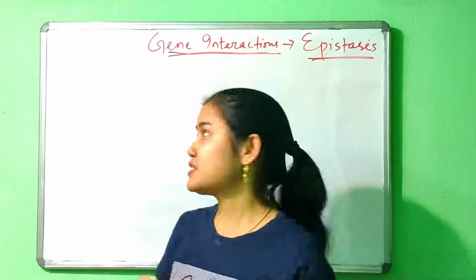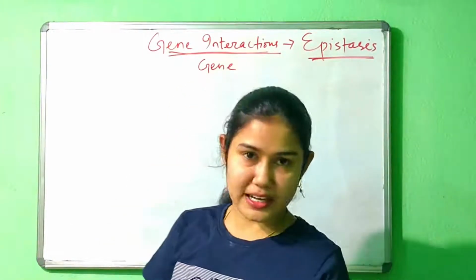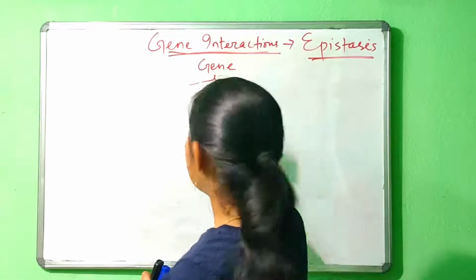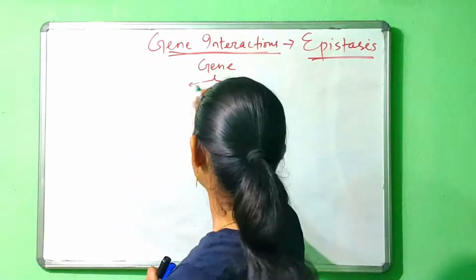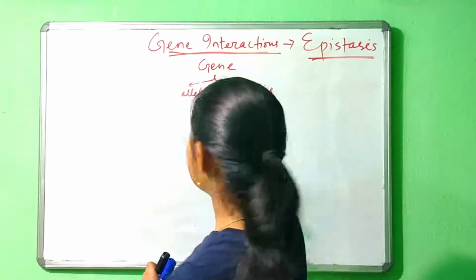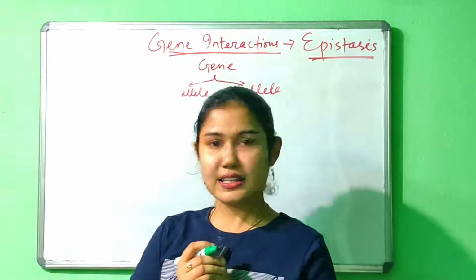So there we have studied that a gene is there, and a gene has alternative forms, clear? Alleles. The alternative forms of a gene are known as alleles.